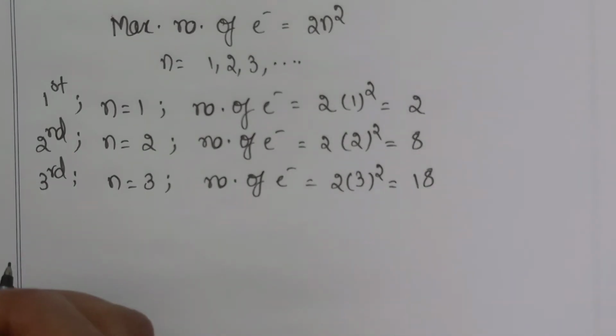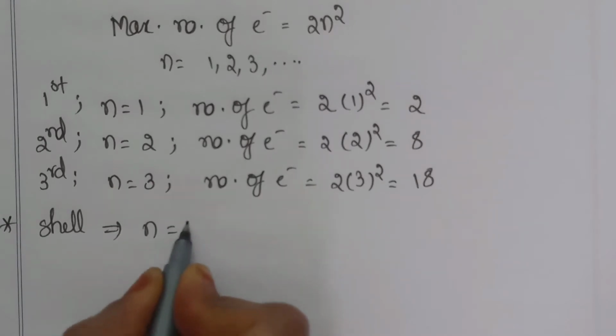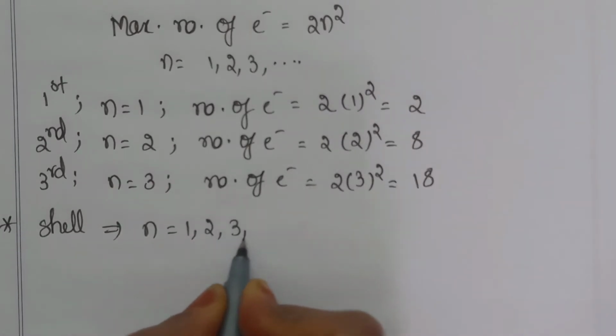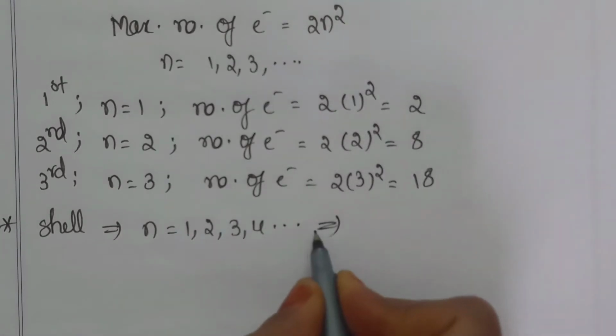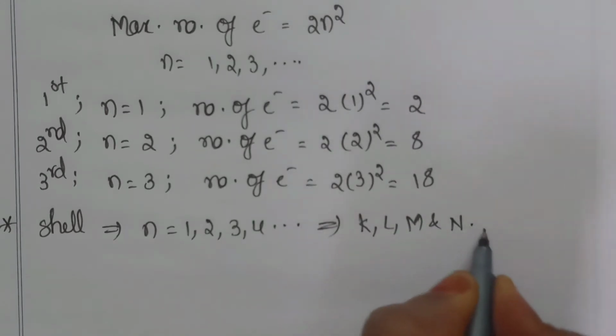All the electrons which have the same value of n in an atom are said to belong to the same electron shell. These shells are denoted by n equal to 1, 2, 3, 4 and so on, and represented as K, L, M, N and so on.